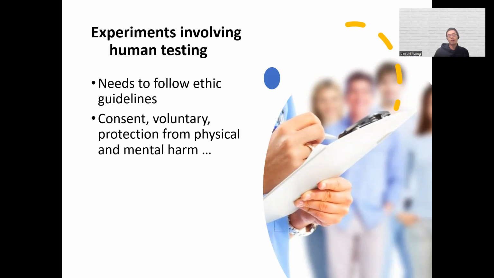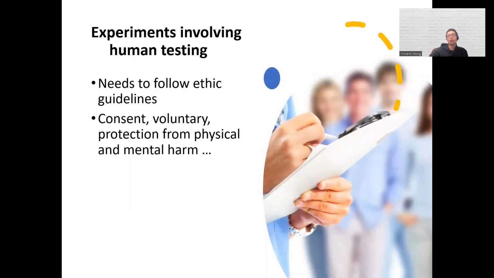You need to have ethical guidelines that we must follow, and an ethical board to approve it whenever you do human trials. Whatever kind of experiment you're doing, you need to make sure that you get consent, and that the consent is voluntary.